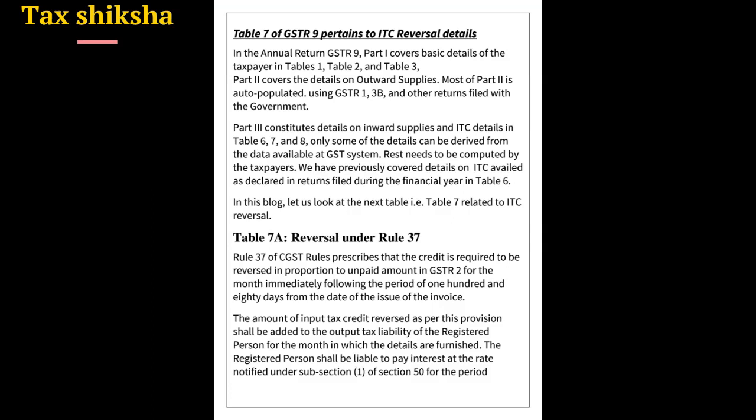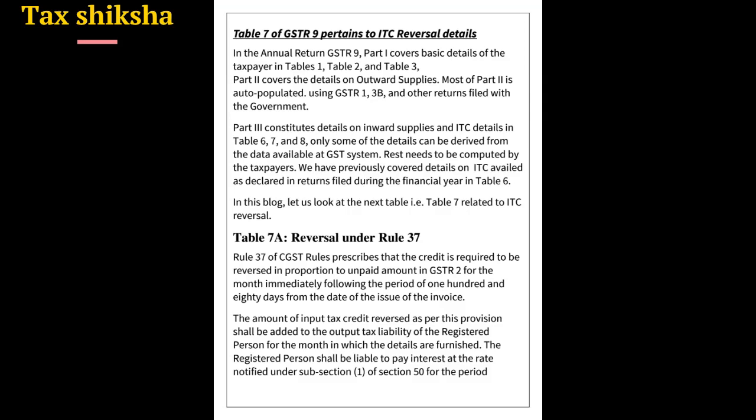The registered person shall be liable to pay interest at the rate notified under subsection 1 of Section 50 for the period starting from the date of availing credit on such supplies till the date when the amount is added to the output tax liability. However, the following are not to be considered for reversal.